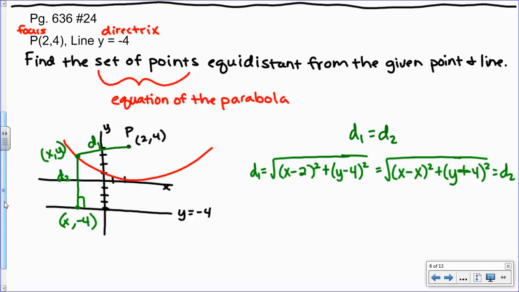Well, I have a square root equals a square root. So first thing, let's square both sides and get rid of our radicals.